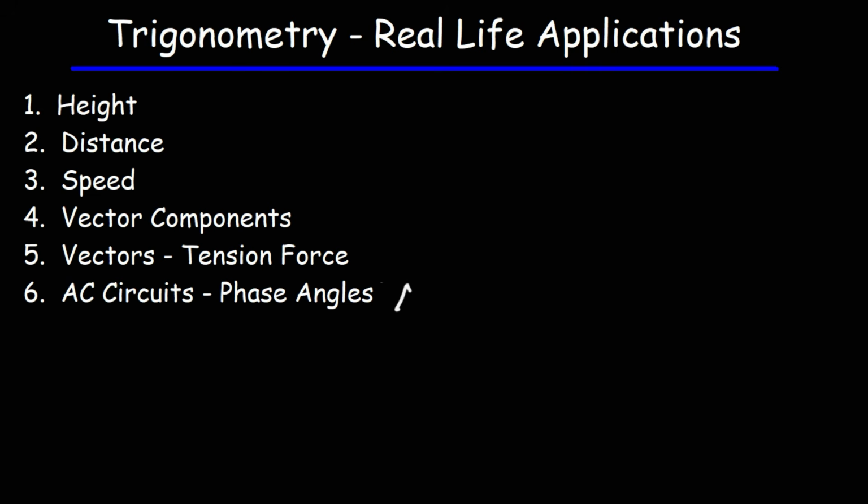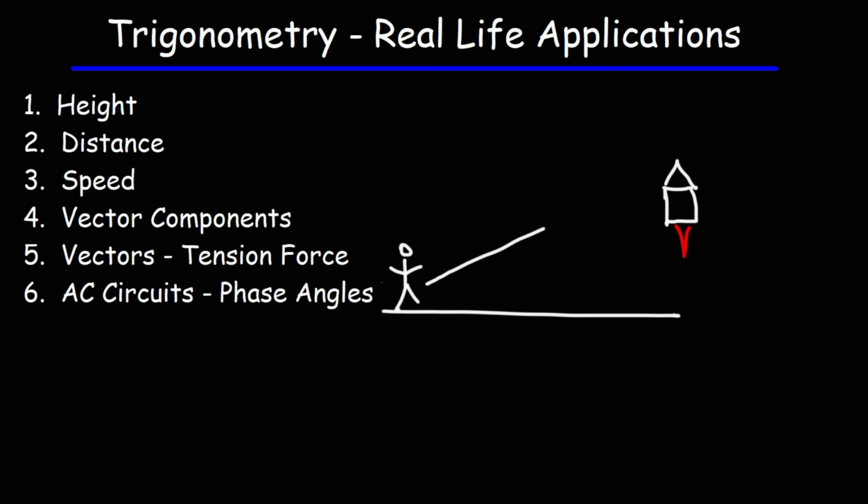Now, let's say if you're standing on the ground and there is a rocket that is going up. And let's say the angle of elevation at this point in time is 20 degrees. And let's say that the horizontal distance between you and the rocket, let's say it's 3,000 meters.